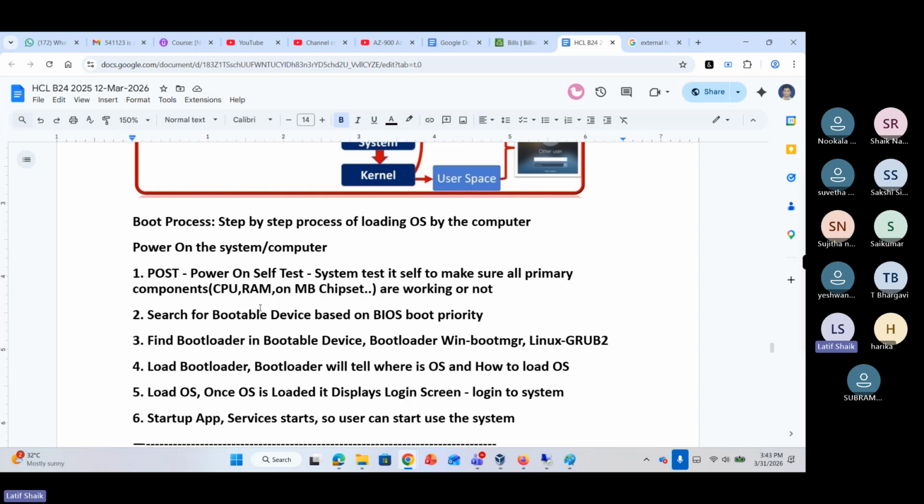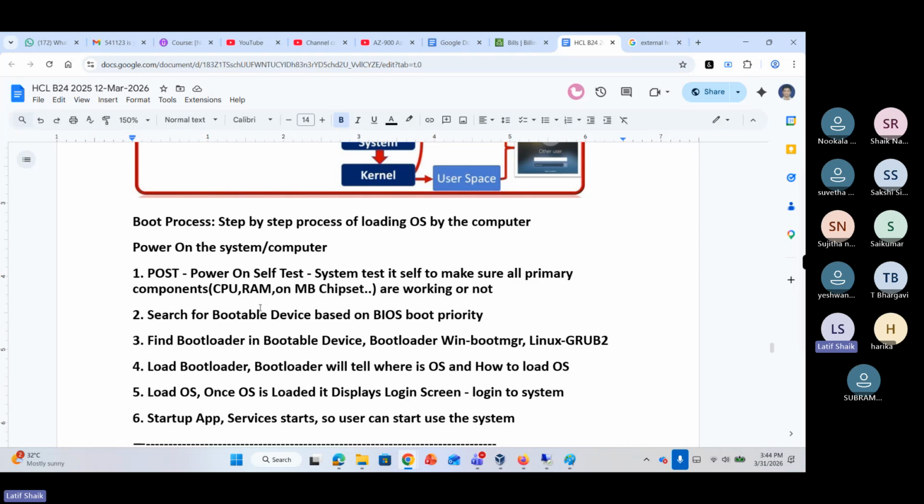So it will find the bootloader in the bootable device and load the bootloader file. This bootloader file is an OS configuration file. It will tell you where the operating system files are and how to load the OS, meaning which mode of the OS has to be loaded.